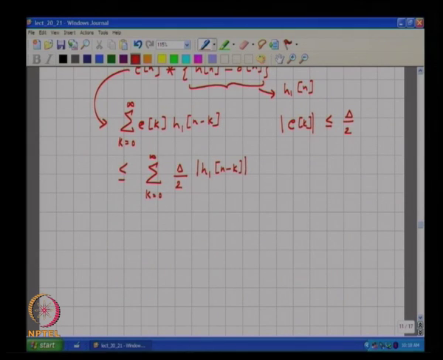I mean, the magnitude of AB is less than mod A mod B, and mod A is less than delta by 2. So, this bound is equal to delta by 2 times the sum over k equal to 0 to infinity of mod h1 of n. Correct. So, what is this telling you?